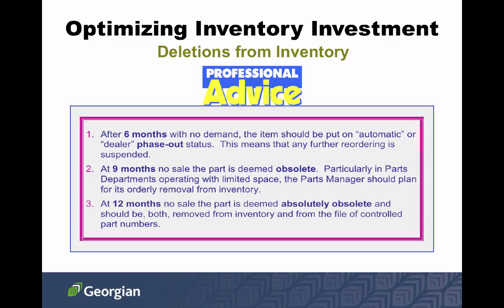So instead of dropping it from the file of controlled part numbers, the same going for 6 months no sale that have kicked into the delete status, I may say, well, no, I want to continue to track these parts. Let me simply move the 6 months no sale from delete status to a non-stock status again, and the 12 months, even if I've taken them out of inventory, move them into non-stock parts also.